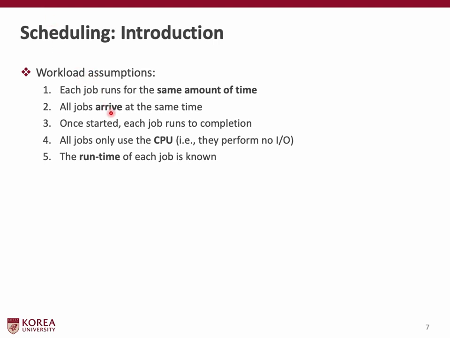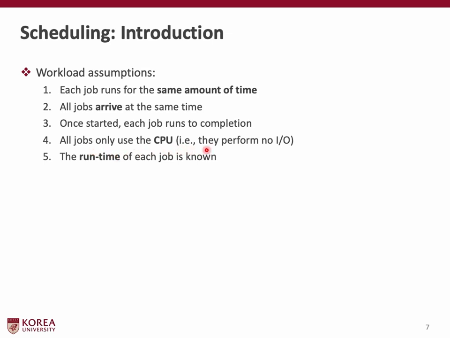First, we'll assume all jobs run for the same amount of time, and they all arrive at the same time. And when a job starts, it runs to completion. That is, there is no interrupt during job execution. Also, the jobs only use the CPU.